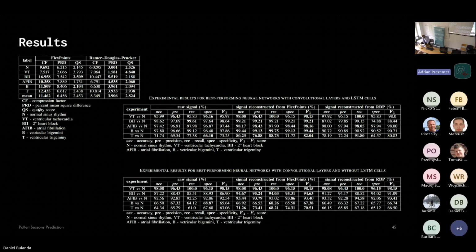So we can see that the compression factor is significantly higher. So the flex point algorithm compressed better, but it produced a worse error term than the Ramer-Douglas-Peucker algorithm.